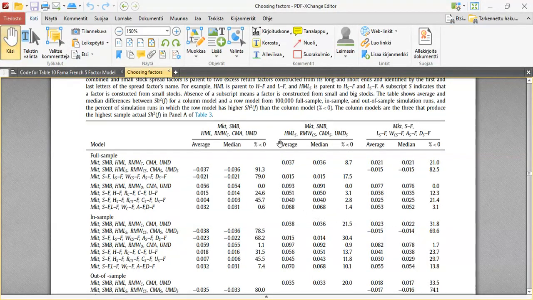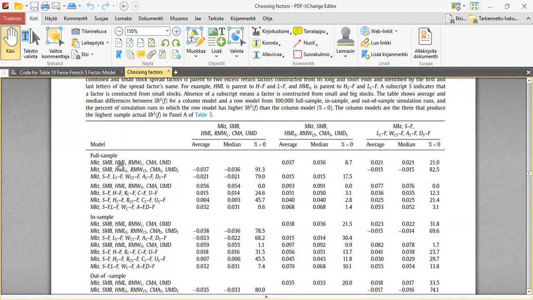Next, here in the middle, we have as a benchmark model the 6-factor model that includes risk factors based upon small stocks for implementing the value factor, the profitability factor using cash profitability and small stocks, the investment factor using small stocks, and the momentum factor using small stocks.